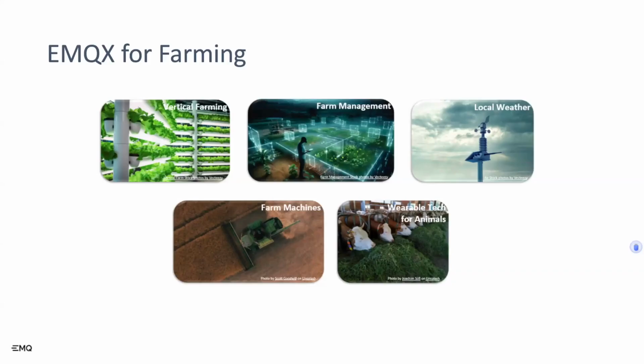In this case, the farmers pay by the workload. So it's very important that these machines can collect metrics about how much area they have worked, right? They need to provide this proof of work so they can charge the farmers.